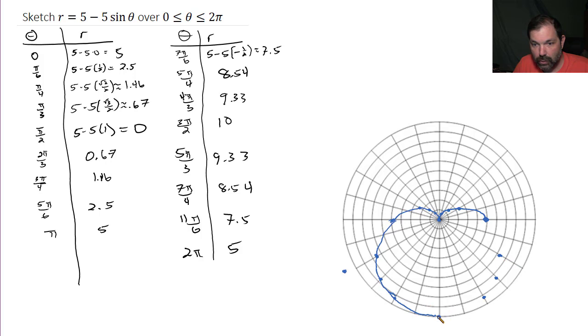And connecting with a smooth curve, we get this shape, which kind of looks like a heart. It's called a cardioid. So here's the graph of r equals 5 minus 5 sine theta.